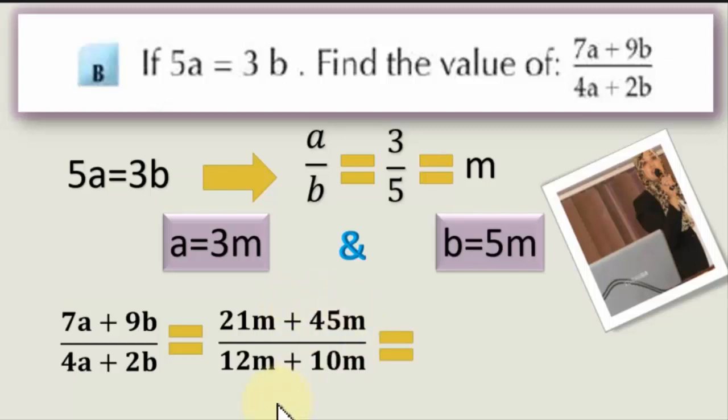Add the numerator and the denominator. 21m plus 45m equals 66m. 12m plus 10m equals 22m. 66m over 22m equals 3. Cancel m and divide 66 by 22. The value is 3.